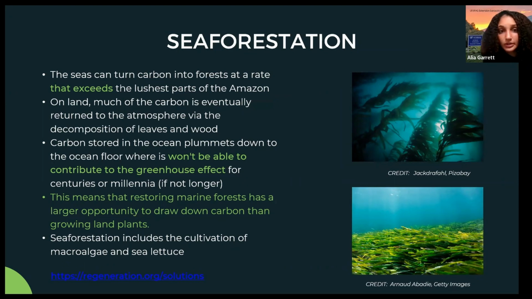Carbon stored in the ocean plummets down to the ocean floor, where it won't be able to contribute to the greenhouse gas effect for centuries or millennia, if not even longer. This means that restoring marine forest has a larger opportunity to draw down carbon than growing land plants. Seaforestation includes the cultivation of macroalgae and sea lettuce.